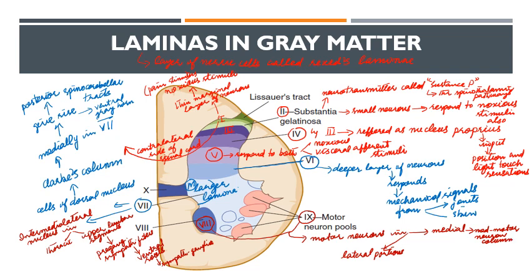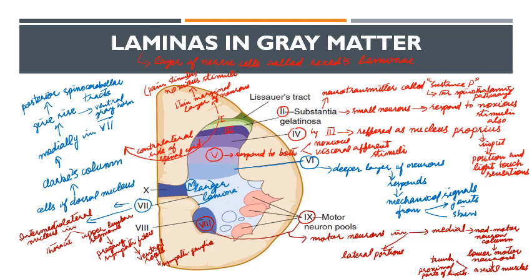It contains lower motor neurons that innervate axial muscles. The axial muscles include muscles of trunk and proximal parts of limbs.